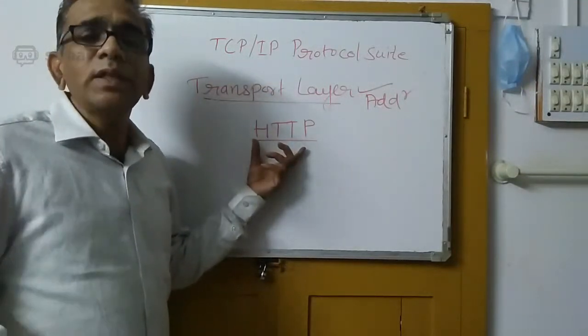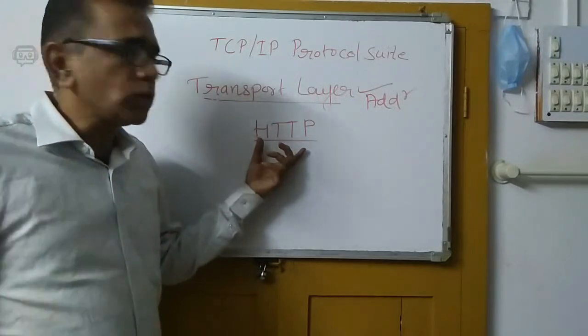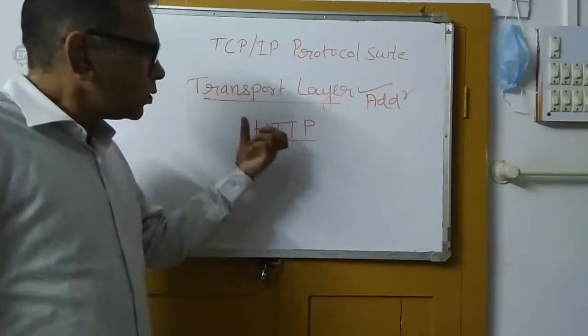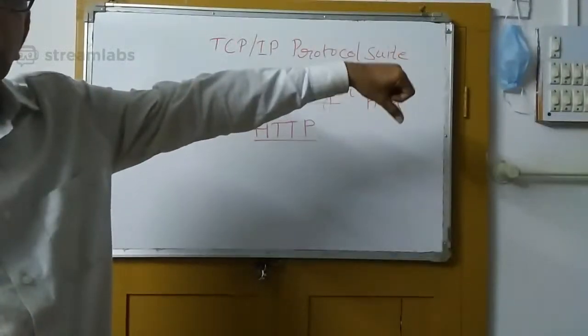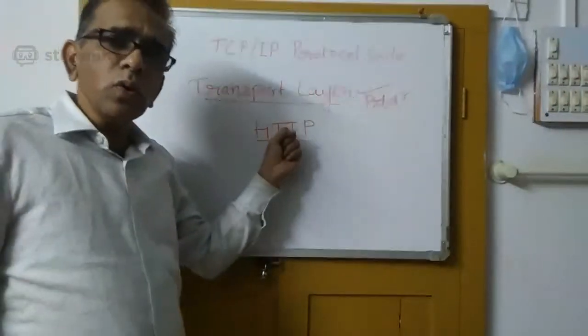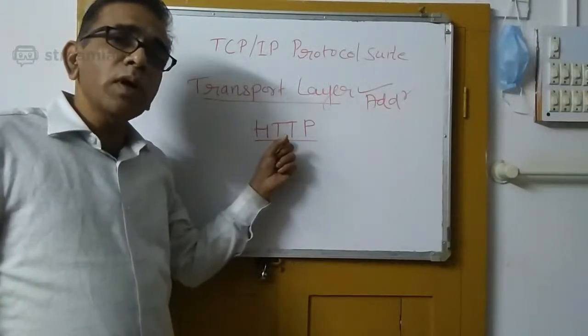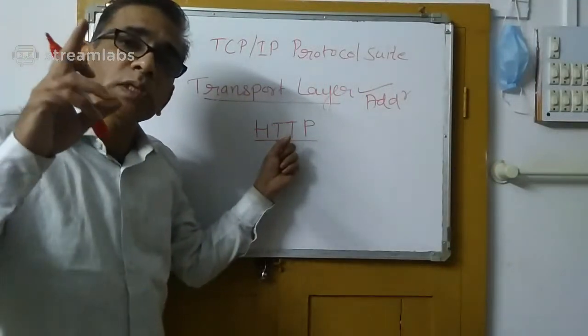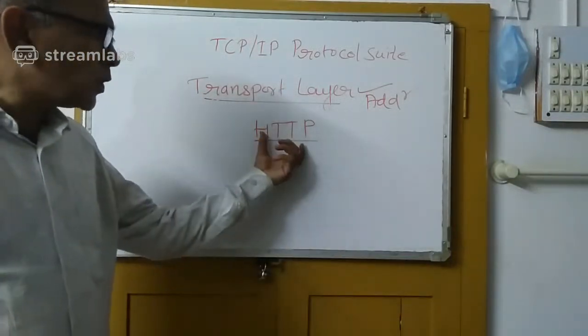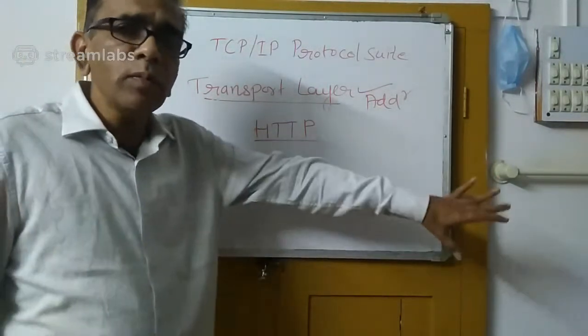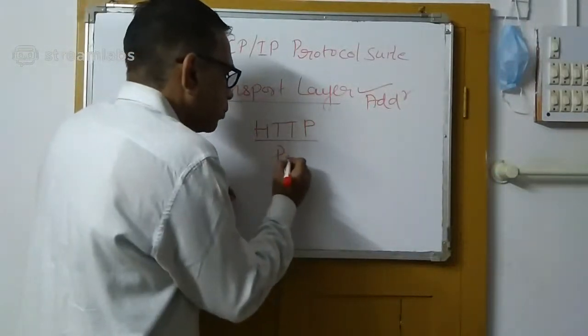Nowadays, a security aspect is also added to HTTP. To identify this HTTP process on a server machine, we should know the port number to which it is connected. So this process on the server machine is going to be identified by the port number.